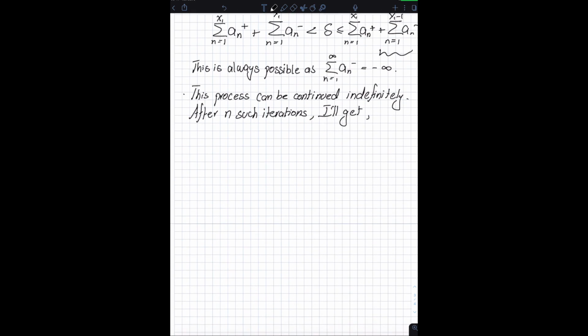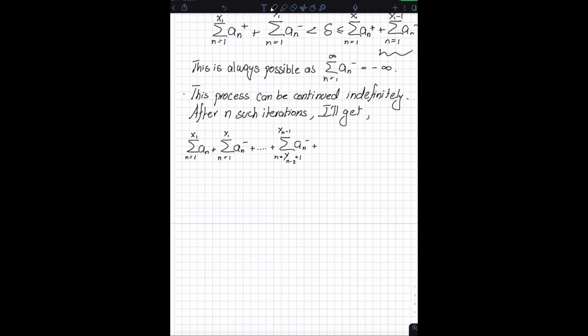You're going to get that the summation from n equals 1 to x1 of a sub n plus the summation from n equals 1 to y1 of a sub n negative plus so on until you reach this n equals y of n minus 2 plus 1 to y of n minus 1 of a sub n negative.